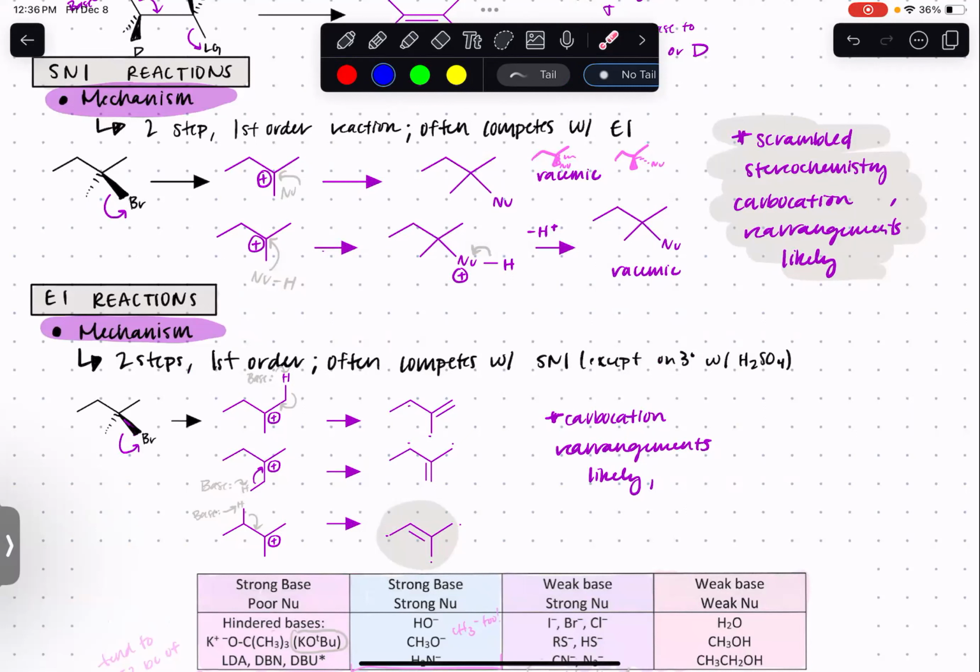If I only have one, that's fine because that's exactly what I want. I want both R and S at that chiral center. But if I'm looking at something with two chiral centers, then I don't want R,R, R,S, S,R, and S,S. I only want the two enantiomers. So that's why we have to say plus enantiomer instead of racemic.